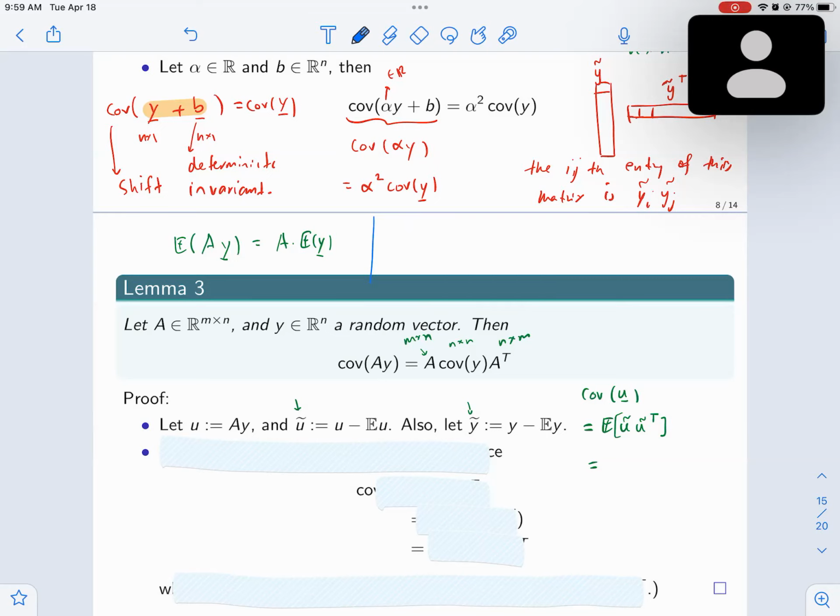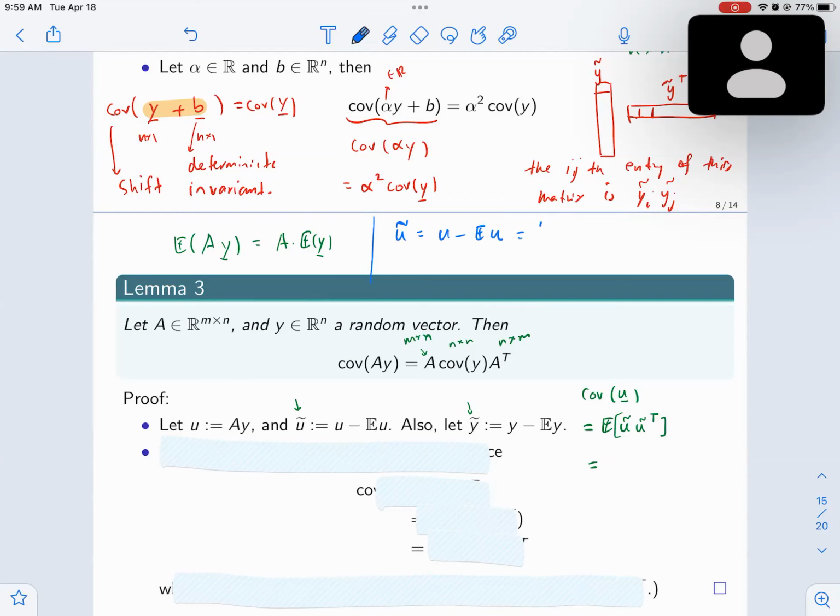So u tilde is u minus the expectation of u.